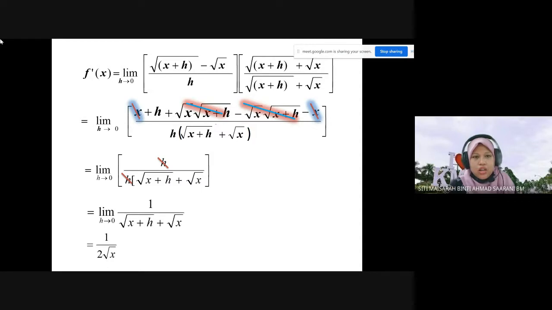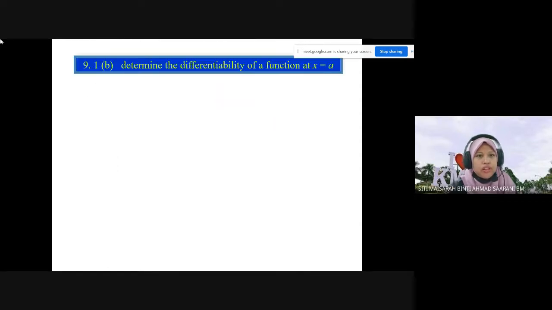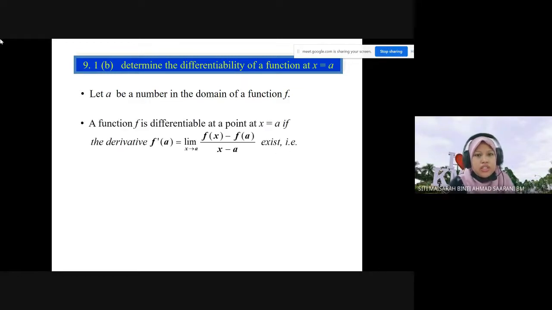Next, we continue with 9.1b, determine the differentiability of a function at x equals to a. Let a be a number in the domain of a function f. A function f is differentiable at point x equals to a if the derivative f prime a equals to limit x approach a, (f(x) minus f(a)) over (x minus a) exists.